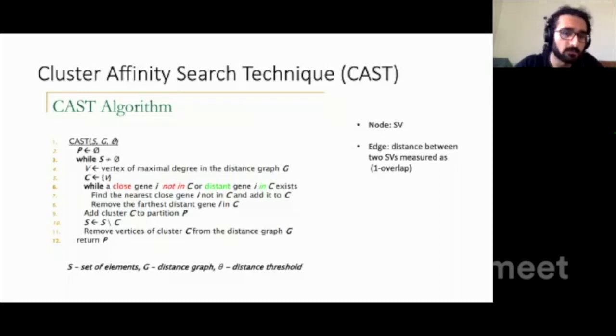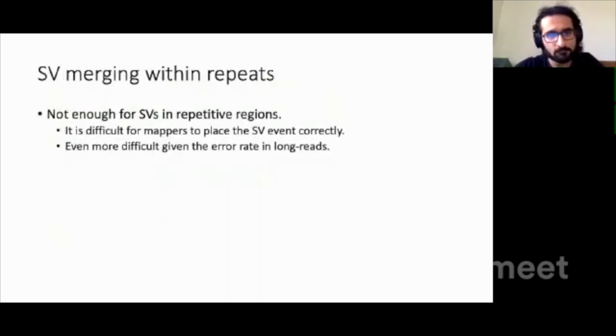And next, we remove the farthest distant SV from our clique. Then, when this has finished, we add our clique to our partition, remove the clique and everything attached to it, every edge, and we rerun this until every single node is removed from our graph. And this is able to give us our cliques.